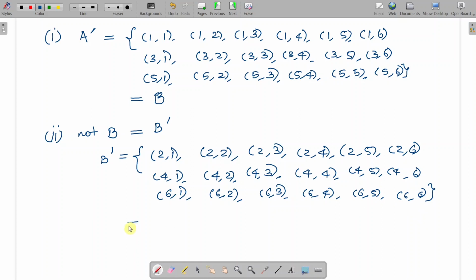So, if you look at this set, it is nothing but set A. So, B complement or not B is nothing but set A.